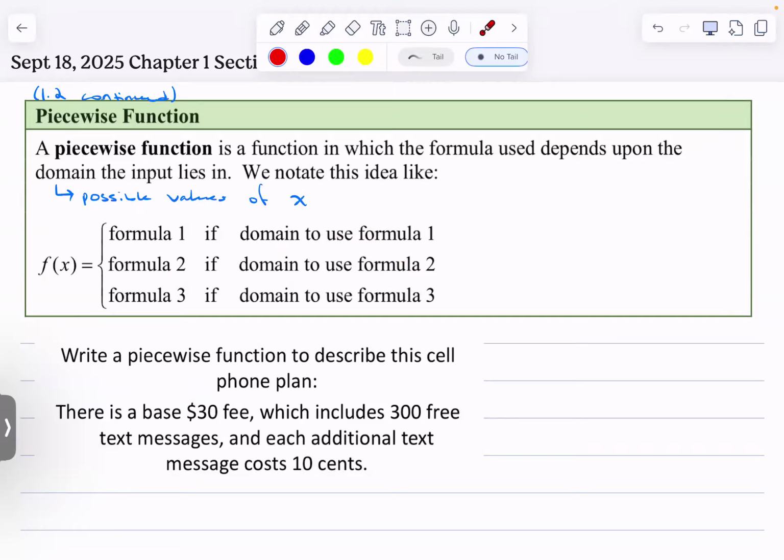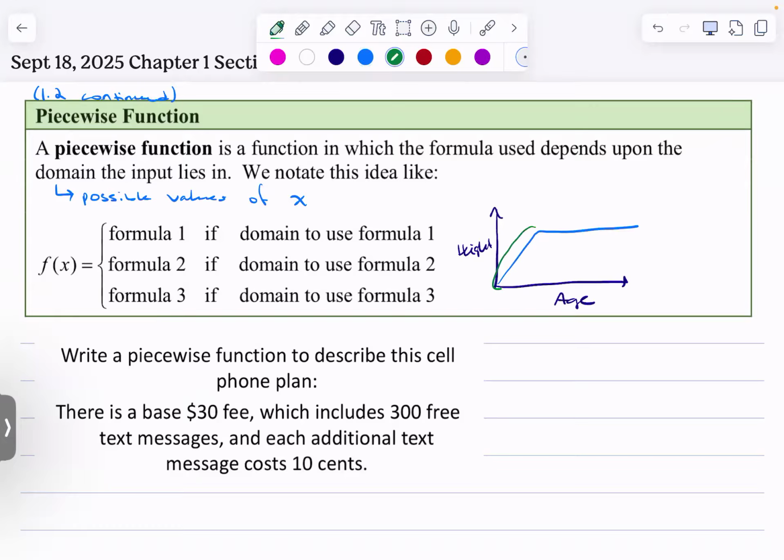with the next domain. What's one example that we have already seen that would be a piecewise function? Well, we talked about height and age. And we said, reasonably, it might start to look like this. We would have a function for a set of ages.